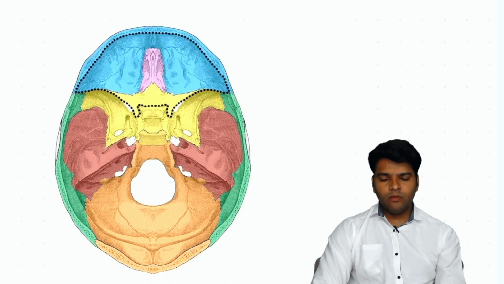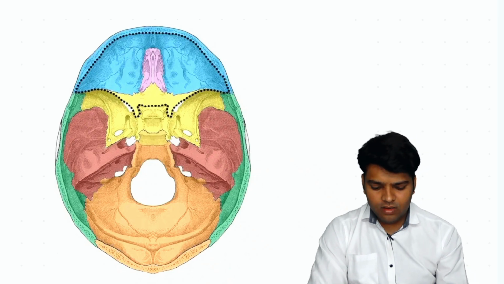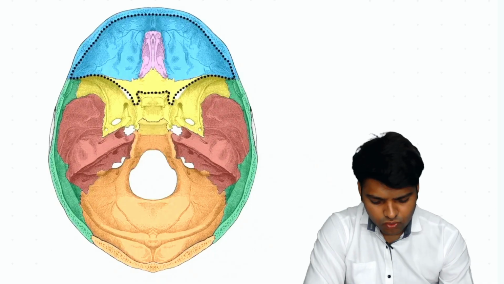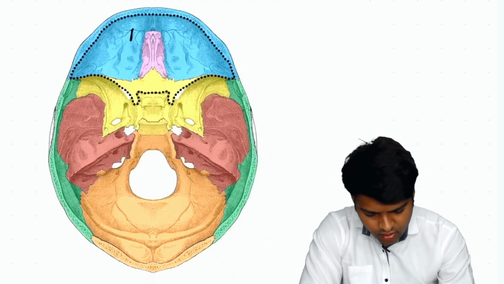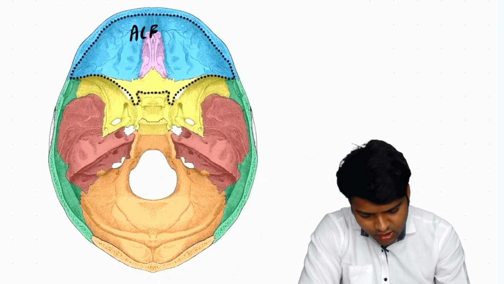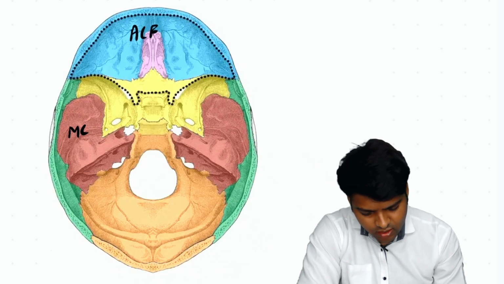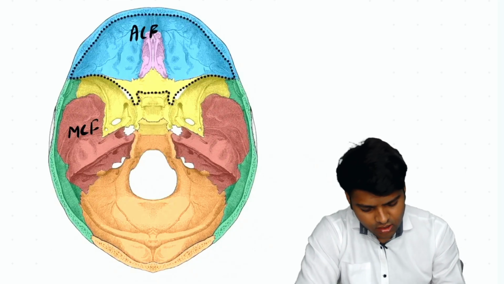So first of all we will start from the cranial fossae. This is the anterior cranial fossa. Okay, this is the middle cranial fossa, and here the posterior cranial fossa.